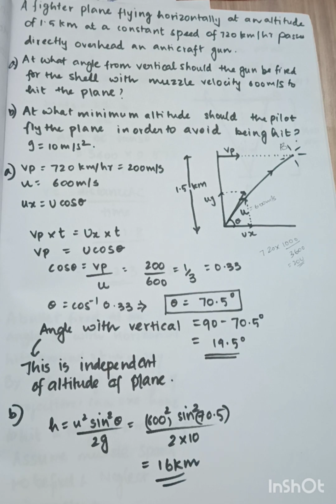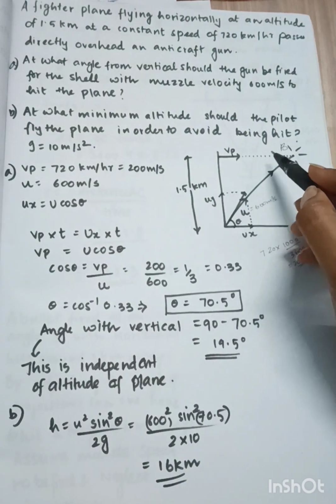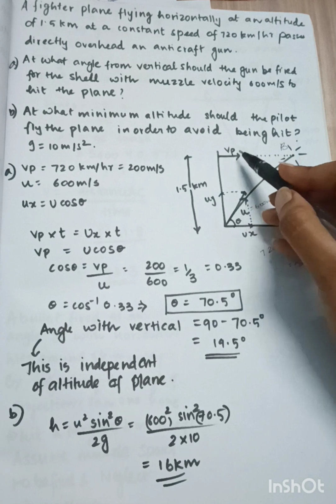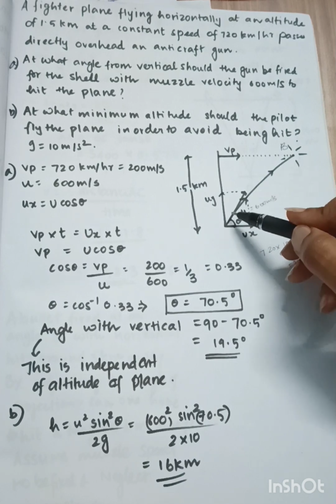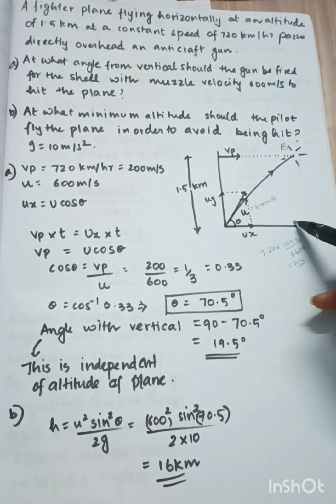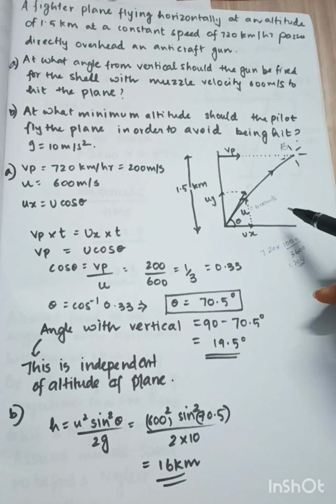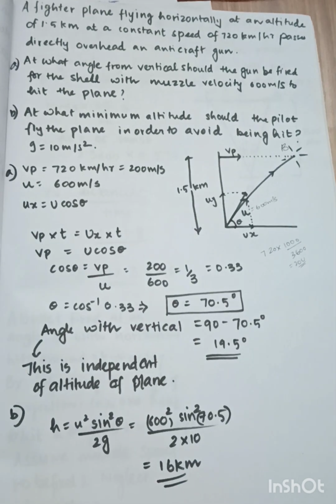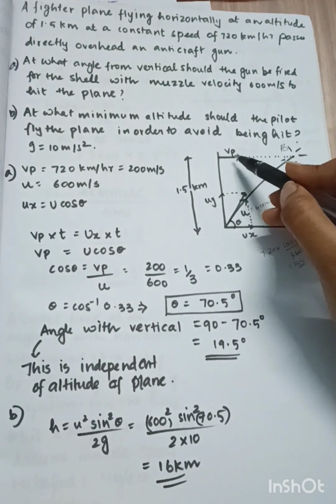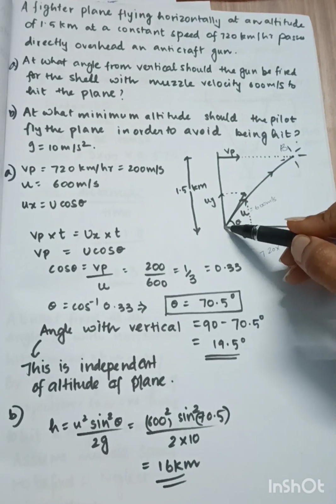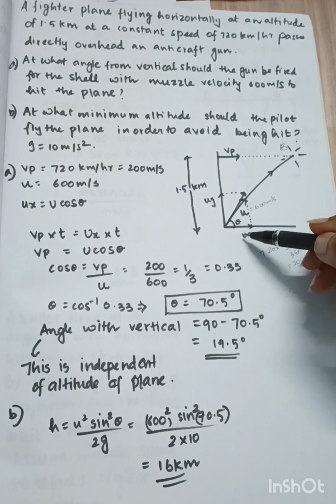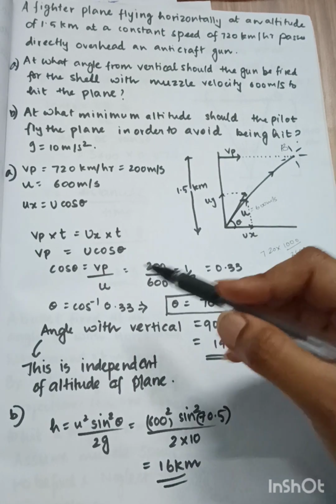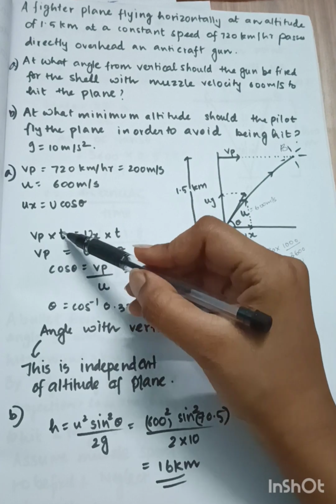Then the horizontal distance moved by the plane with speed Vp in time t will be equal to the horizontal distance covered by the shell moving with speed ux in time t. That is, this distance and this distance, covered by the horizontal component of this velocity, will be the same. That is Vp into t.